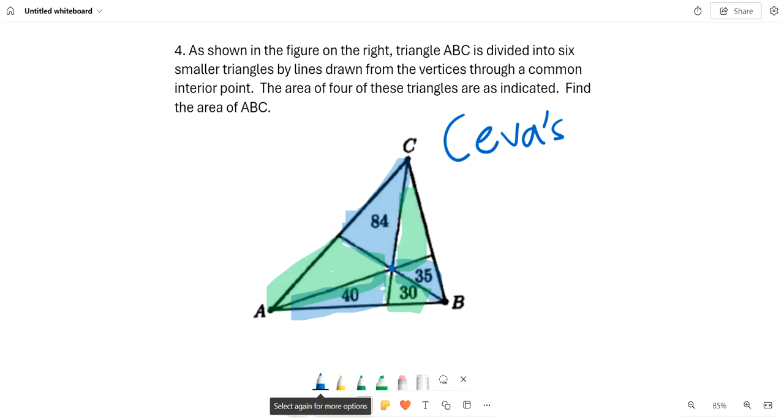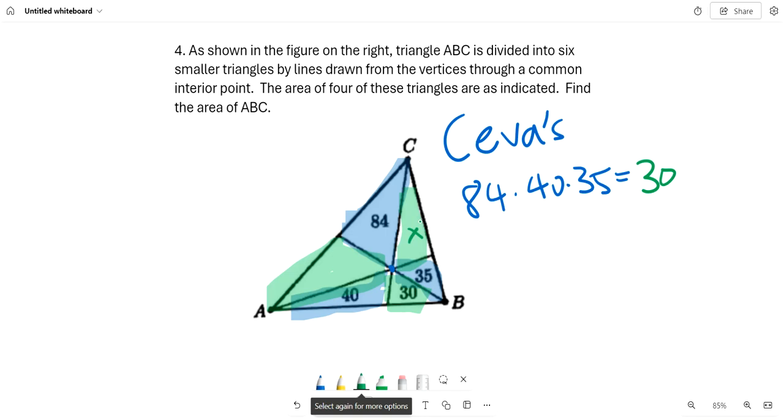And so we get that 84 times 40 times 35 equals 30 times x times y, where let's say this is x and this is y.